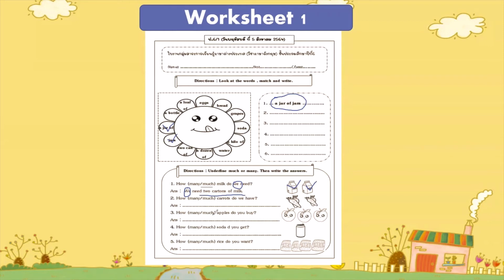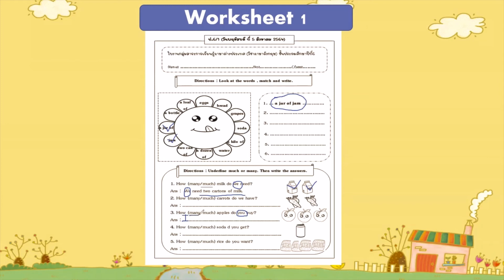Okay. How about, let's try number 3. How many or much apples do you buy? When we talk about you, our answer should start with I. And how about the answer? How many or how much for the apples? We will use how many.